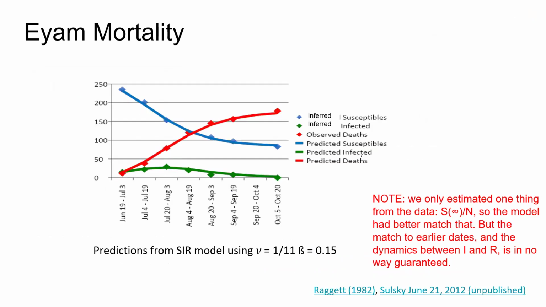So when we look at the lines of predicted deaths, number of infected people, and number of susceptibles, and we overlay that on the inferred numbers based on our data, these lines track extraordinarily well.